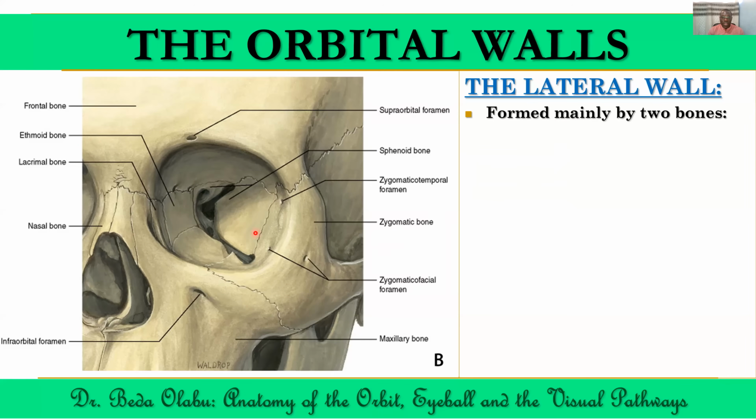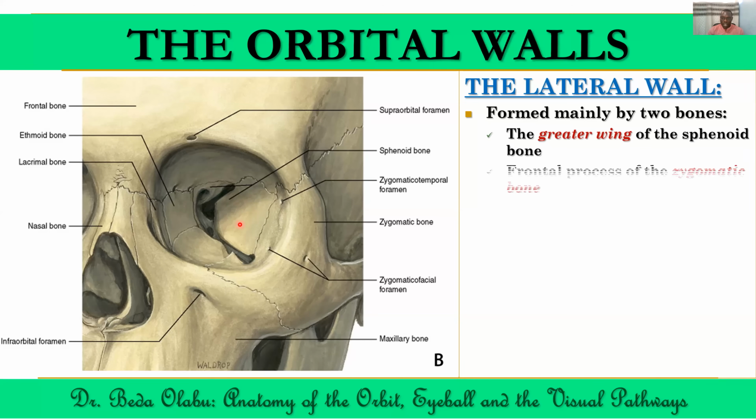Now we can talk about that very lateral wall. The lateral wall of the orbit is formed by two major bones. We have the greater wing of the sphenoid bone, which is the one I'm pointing at right now. And we have the zygomatic bone, in fact, the frontal process of the zygomatic bone, which is this region here.